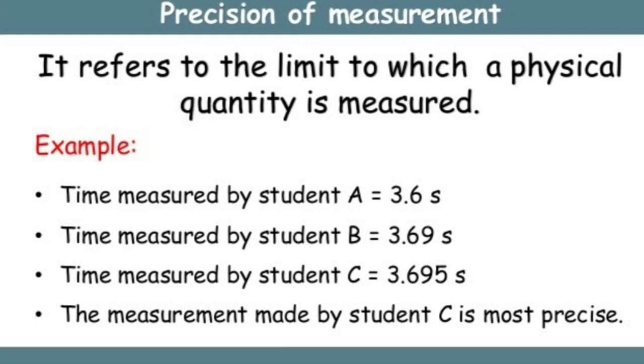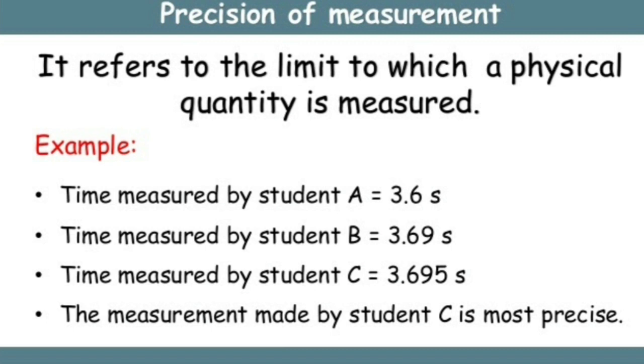In the second example, look at the measurement using another instrument. It is 3.69. Which is the uncertain digit? That 9 is the uncertain digit, and 3 and 6 are reliable ones. Hope it is clear: reliable digits, and the uncertain digit is the last digit.